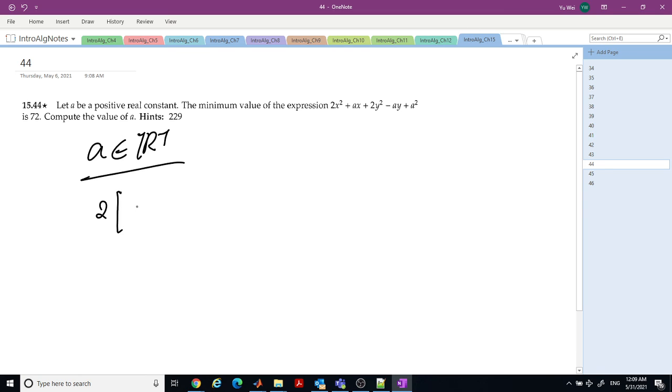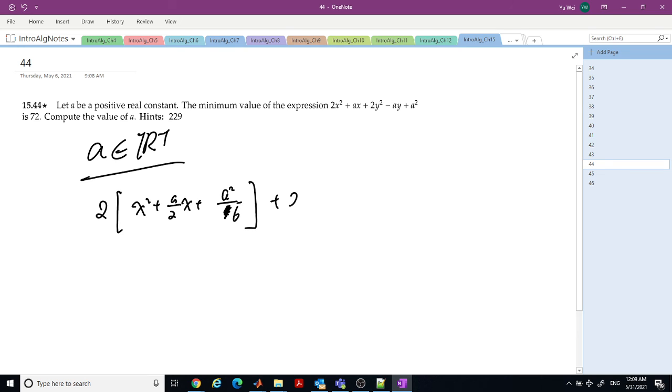It will be, let's see, x squared plus (a over 2) times x, then plus a squared over 16.